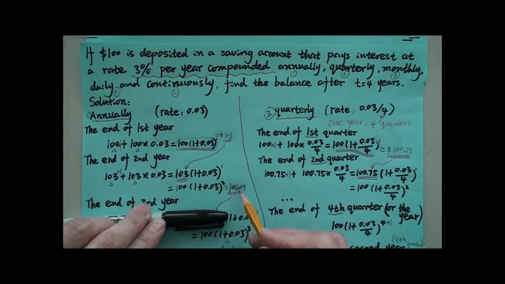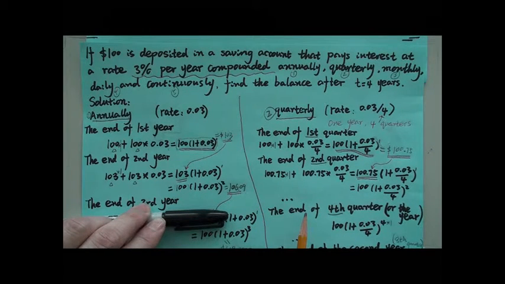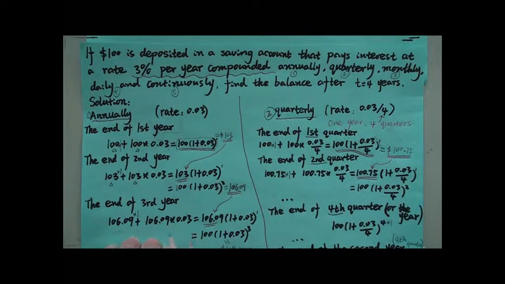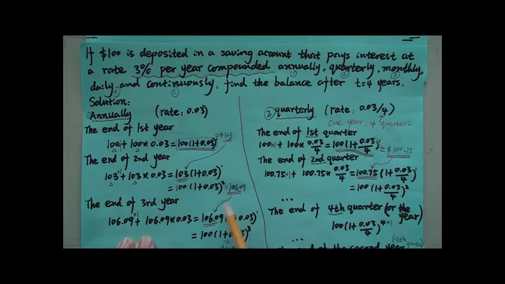You will have $106.09. Now, at the beginning of the third year, you will have this amount, $106.09 plus $106.09 times the rate, 0.03.